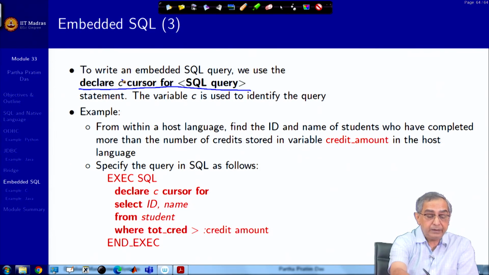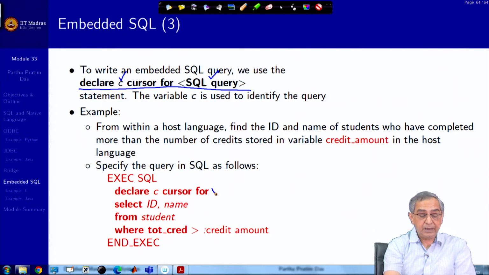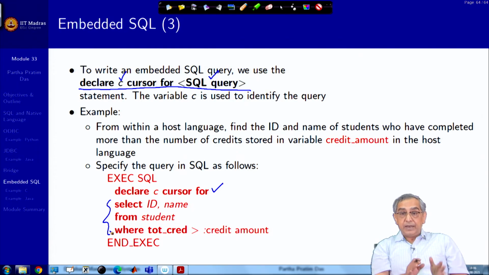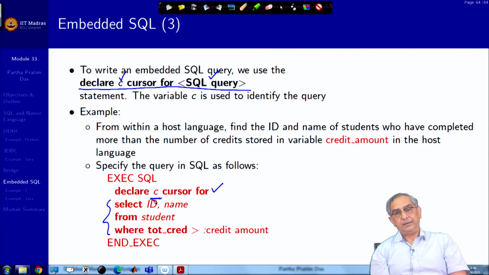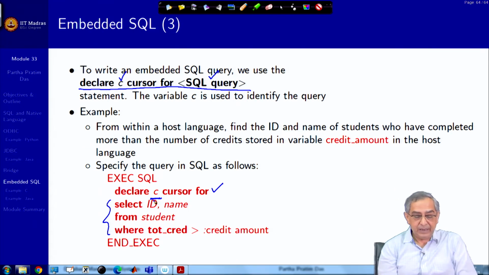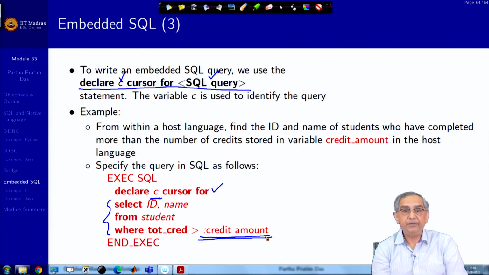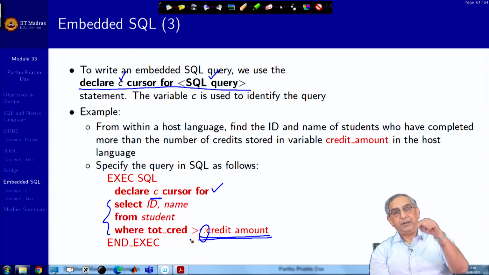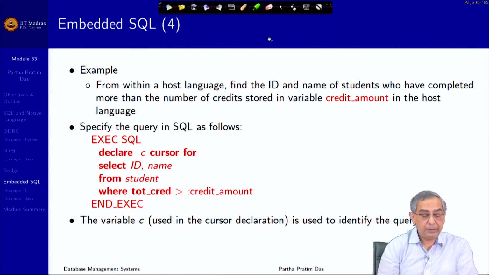So, you declare C as a cursor for an SQL query, which means the result of this query will be available in this cursor C, and then you can iterate on that cursor to get the values out. You can see that in the query we have used a host language variable value by using a colon before it, so that it becomes a part of the SQL query. Structurally very simple.